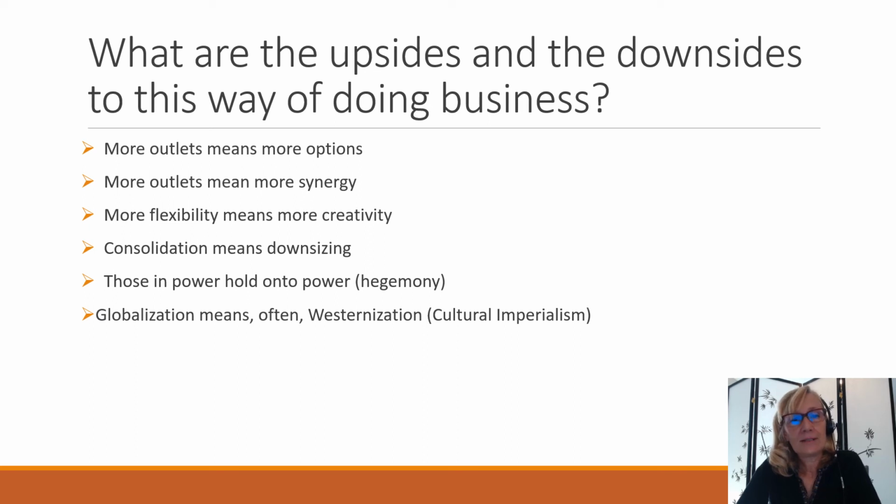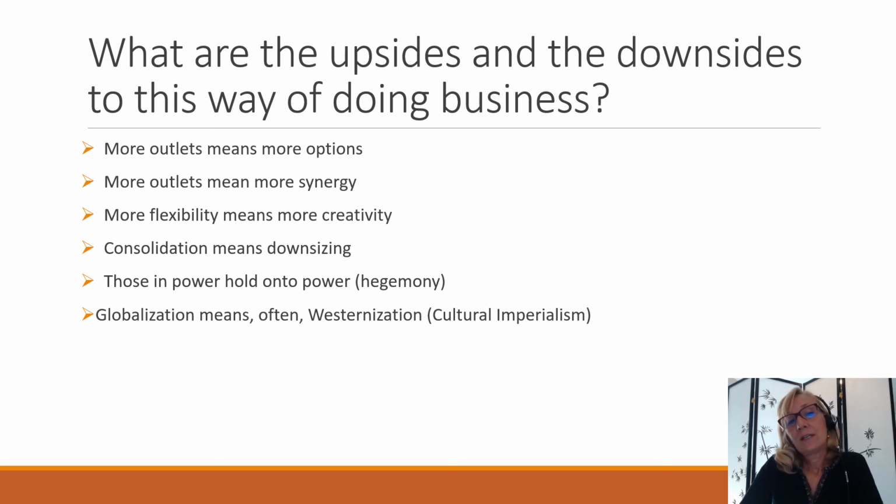But there are some downsides as well. Consolidation has meant that the number of people who can participate in the industry has shrunk, because if you have companies acquiring one another, then management gets redundant, and you don't need two CEOs, you just have one CEO.